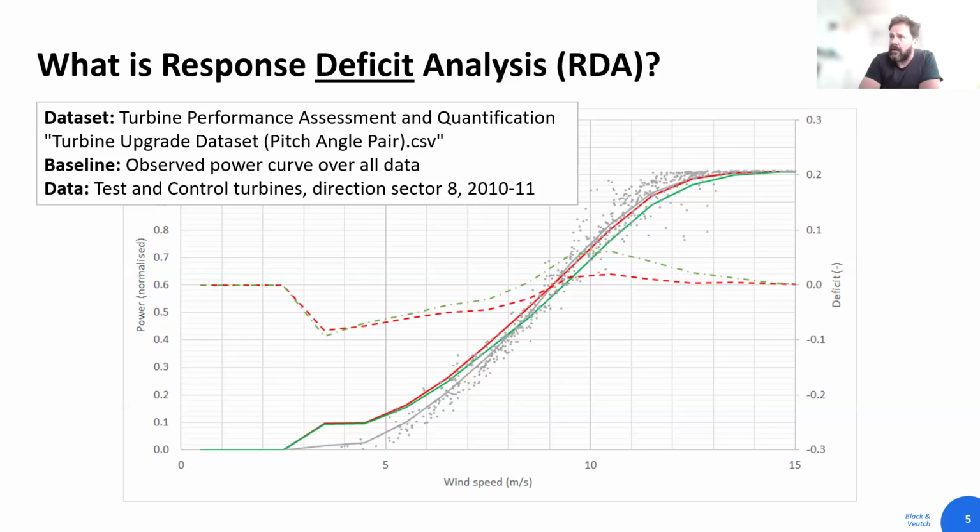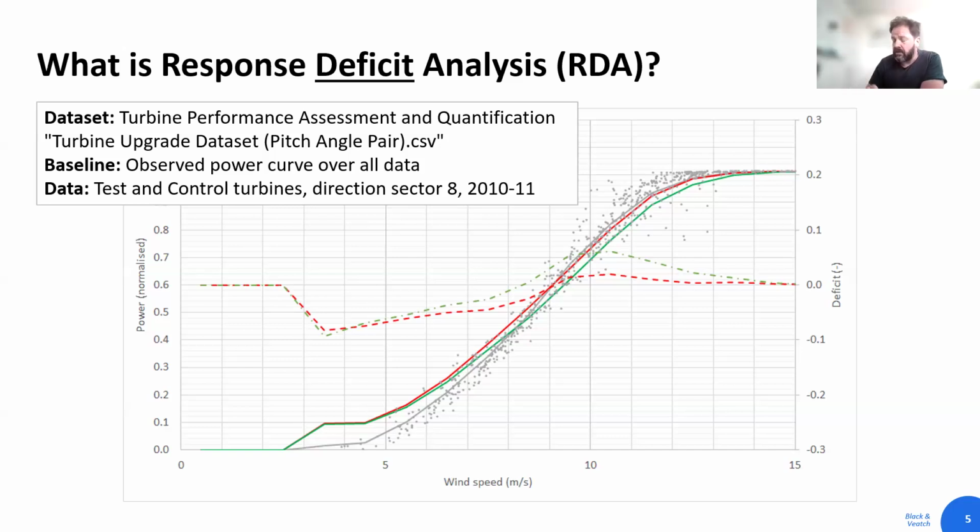In this plot, I'm just looking at the data for the test and control turbines, because in this data set, normalized power is provided for a test turbine and a control turbine for comparison. I'm just looking at the data where the wind direction is in direction sector 8, so south-southwest, and just the month of November 2010.